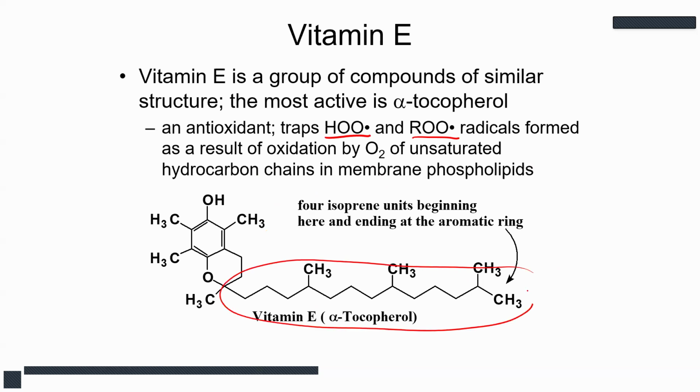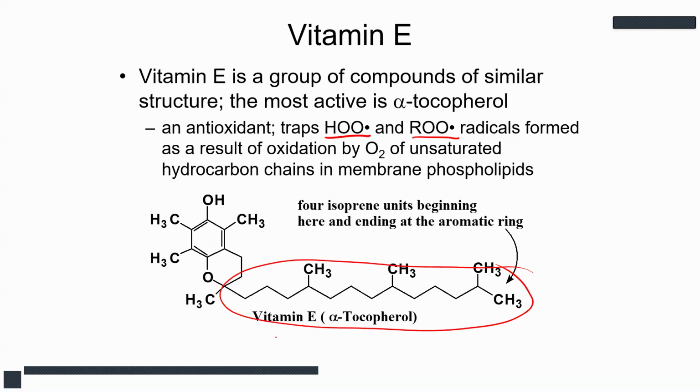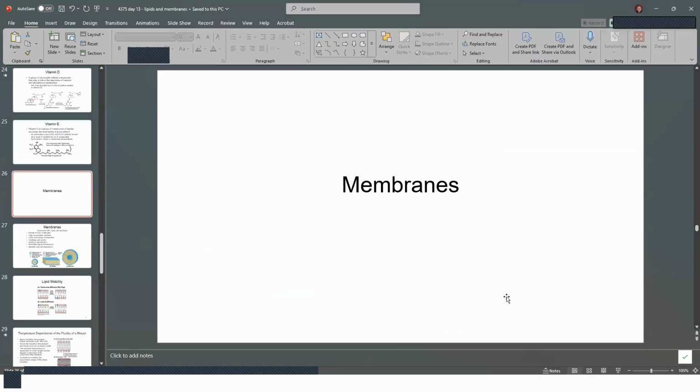This long chain right here is made up of molecules known as isoprene units. These isoprene units are essential for the synthesis of cholesterol, and these are great for carrying electrons. So this long chain is really great at basically bouncing electrons from one position to another position on there. Okay, so that was our summary, everything that we need to know about lipids.